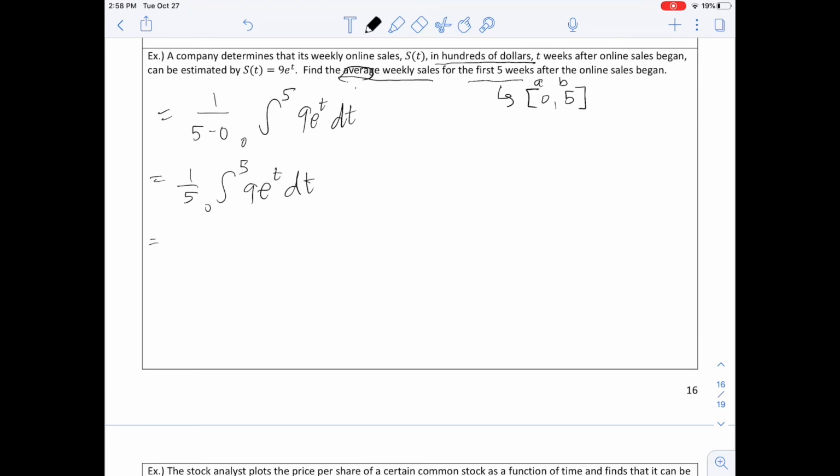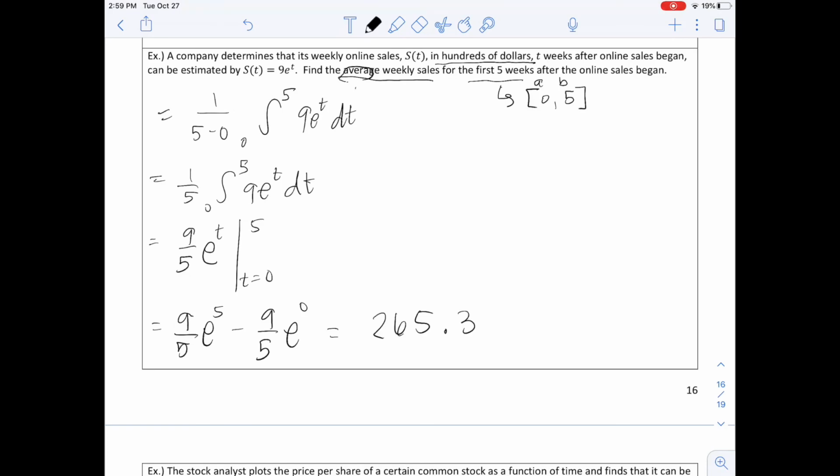The 9 is able to come out in front, and the antiderivative of e to the t is just e to the t, going from 0 to 5. Then evaluating this and subtracting the lower bound, substituting this into our calculator, we get a value of 265.3437.